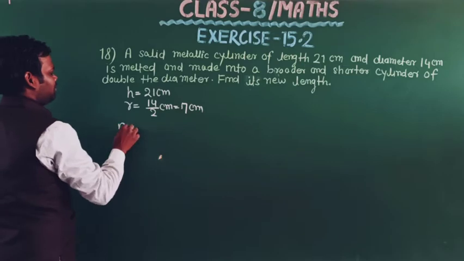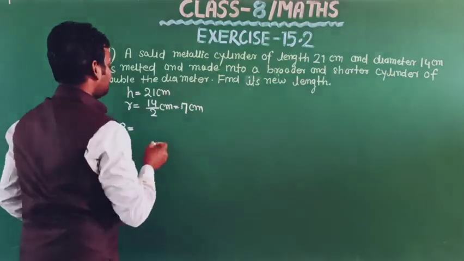So let capital R be the radius of the broader and shorter cylinder.